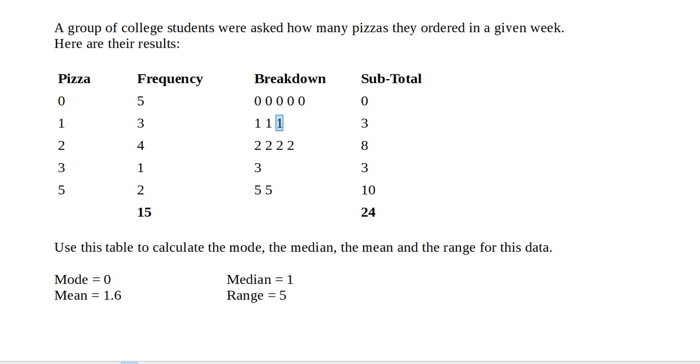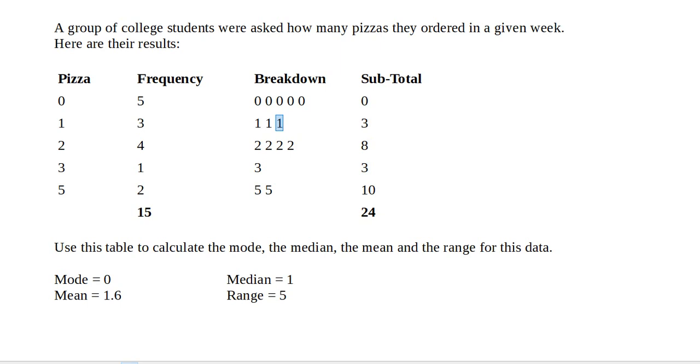Of those who had 3 pizzas, there's only 1 person, so that's 3 pizzas. And of those who had 5 pizzas, there were 2 of them, so a total of 10 pizzas. If I add all those together, I get 24 pizzas, and 24 pizzas divided by how many people? Well, 24 divided by 15 people gives me a mean of 1.6.